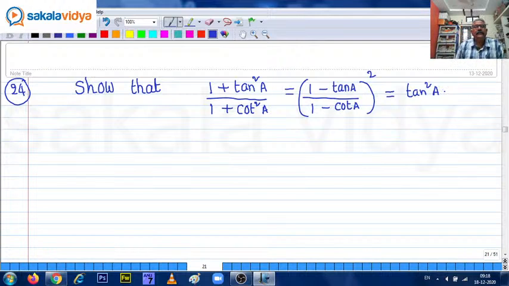Okay, have you noted the question? Show that 1 plus tan square A upon 1 plus cot square A equals to 1 minus tan A by 1 minus cot A whole square equals to tan square A.